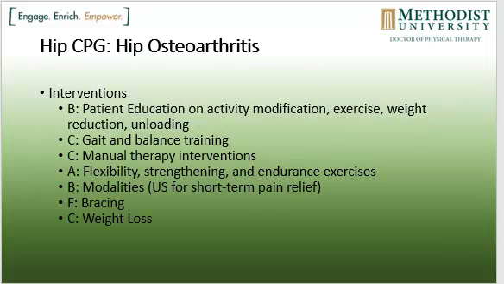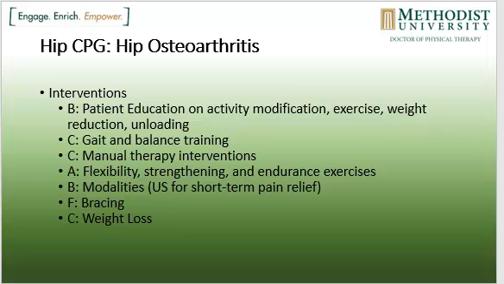So what has good evidence? In interventions, those that have good evidence to support their use include flexibility exercises, strengthening, and endurance exercises. So a lot of what we have been learning to do in here.